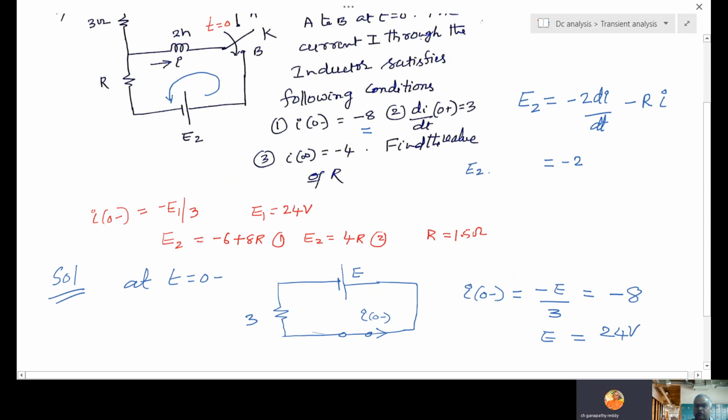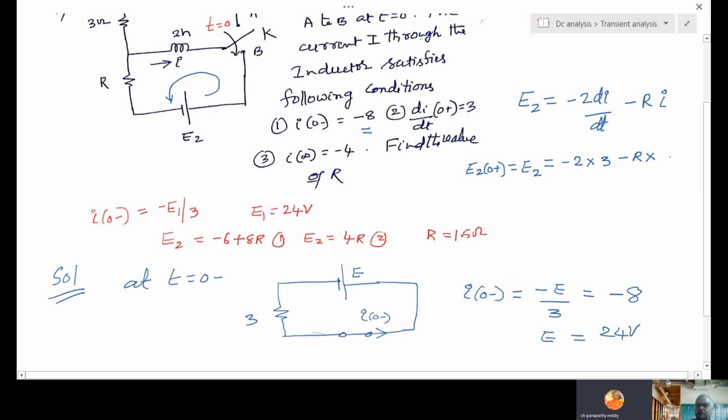What is E2 at t equal to 0 plus? E2 only is given, equal to minus 2 times di by dt at 0 plus, which is given as 3, minus R times I at 0 plus. I at 0 plus is the same as I at 0 minus, since sudden change of current in an inductor is not allowed.